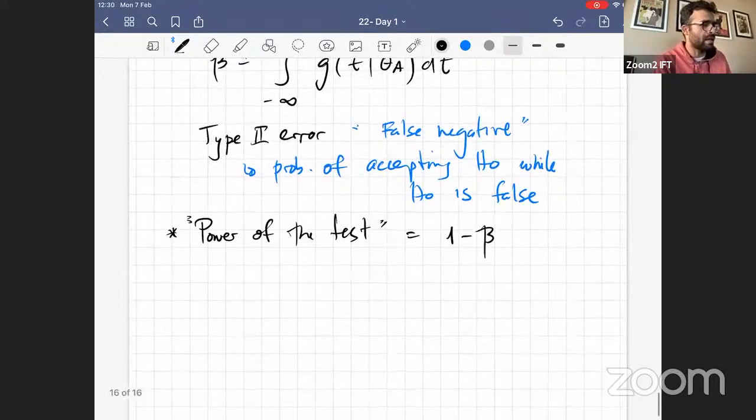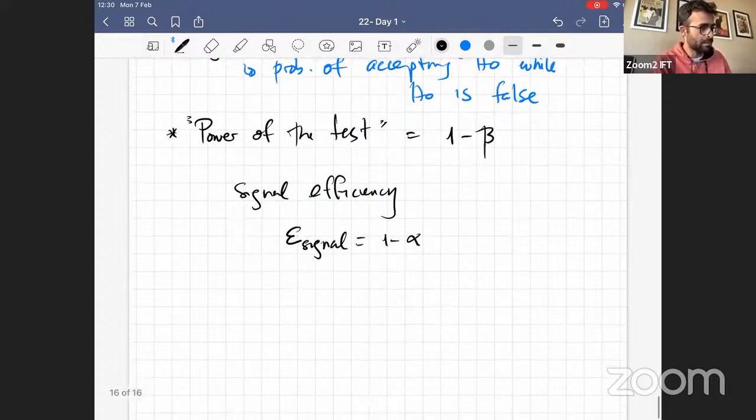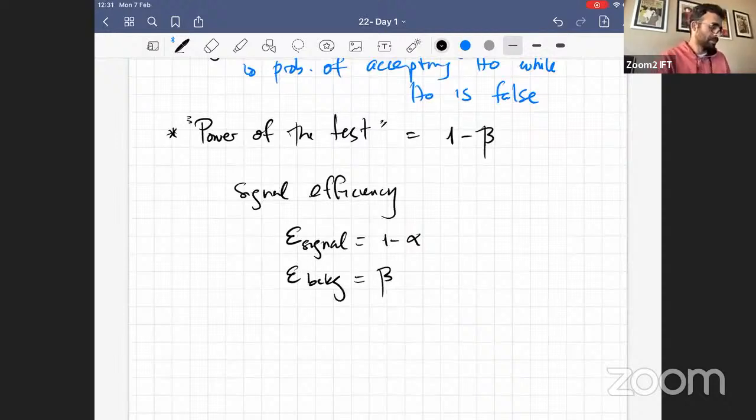Connecting with quantities that are very common in data analysis in physics, you can define something called the signal efficiency. The signal efficiency is actually 1 minus alpha, and the background efficiency is actually beta.